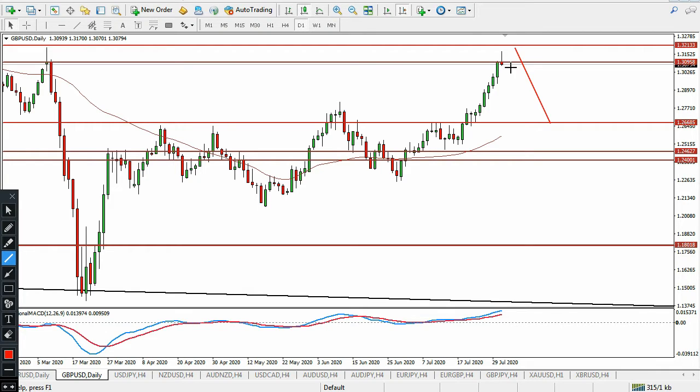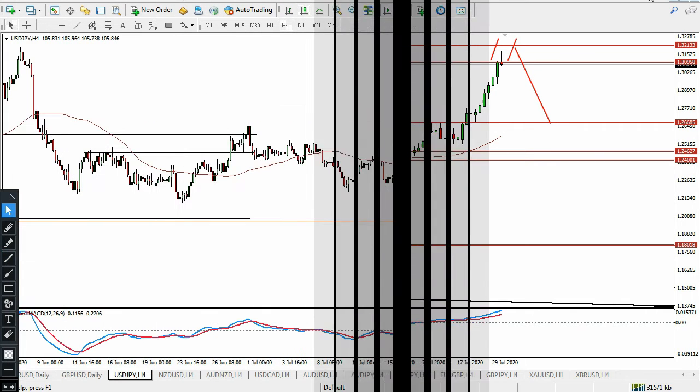I am only looking for short positions. If we see some upside move, I cannot take a long position. This move might be a fake out and trap the retail traders. So always look for short positions and avoid long positions.